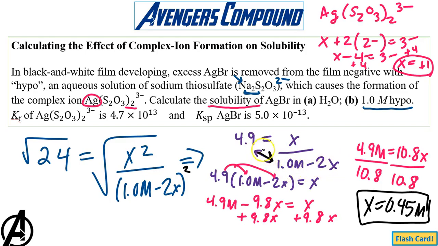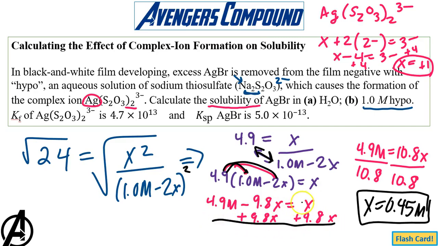So I go ahead and cross multiply here. That means I'm going to have 4.9 multiplied by 1.0 and 4.9 multiplied by 2x, okay? So that's going to give me 4.9 times 1, which is just 4.9, minus 4.9 times 2, which is 9.8x. Okay, I'm going to add 9.8x to the other side so I can isolate x on its own.